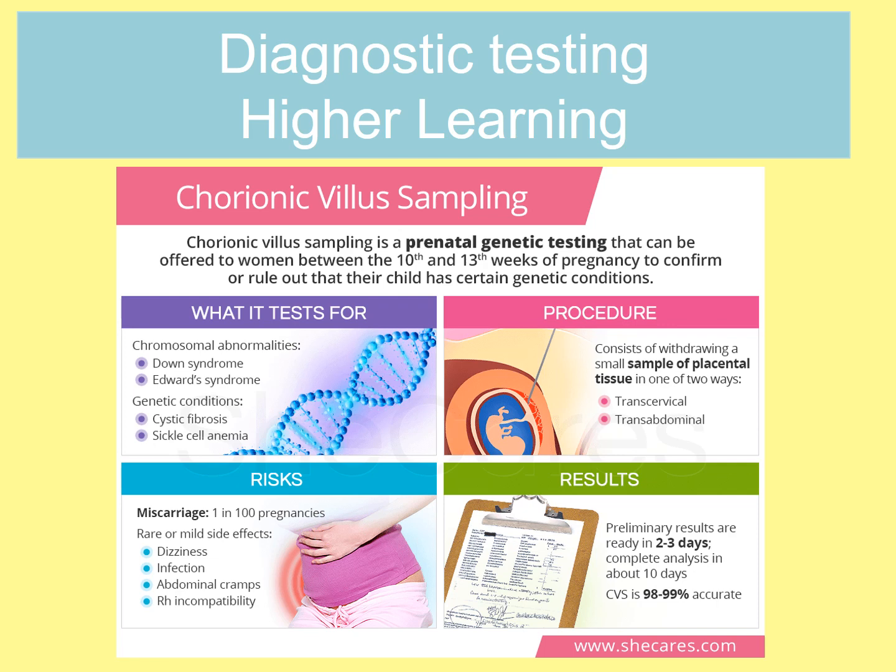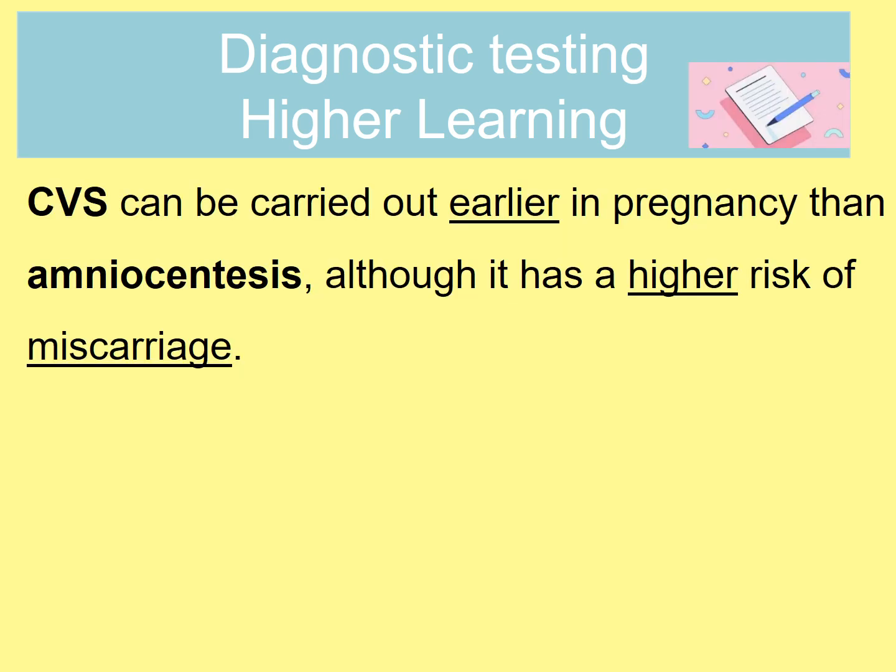The prospect of a termination at this stage is much less traumatic for many would-be parents than at 16 weeks or later following an amniocentesis. However, CVS causes a higher incidence of miscarriages than amniocentesis. For your own personal notes, CVS can be carried out earlier in pregnancy than amniocentesis, but it does carry a higher risk of miscarriage.